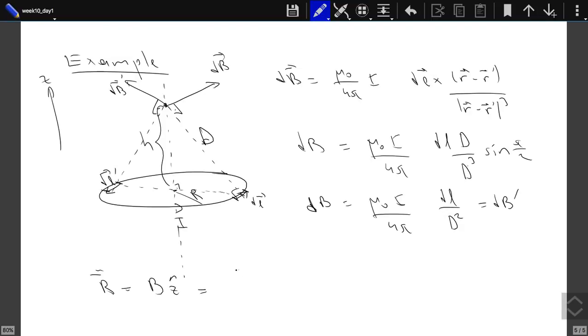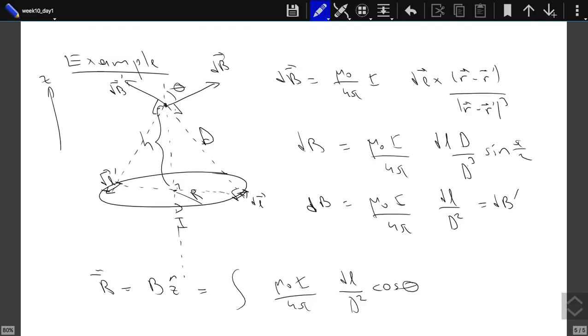Which will be equal to, let's see, mu 0 I over 4 pi dl times dl over d squared. This is the magnitude of the contribution from this segment. If I calculate the z component of this one, let me call this angle theta. I have to multiply with cosine theta.